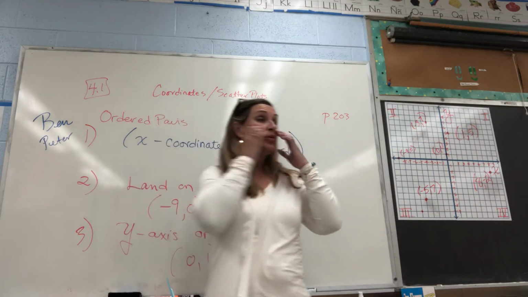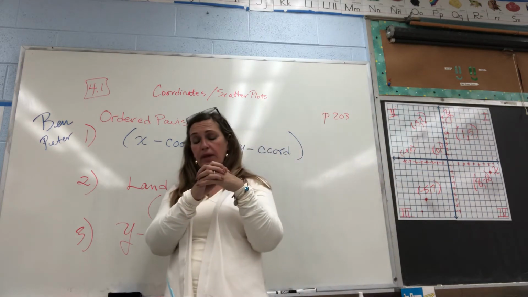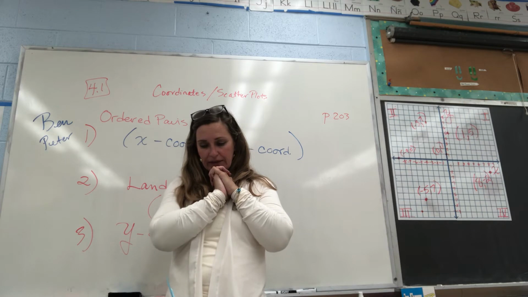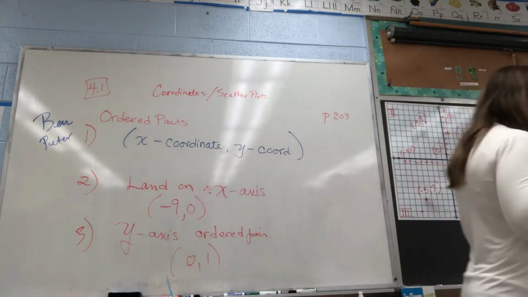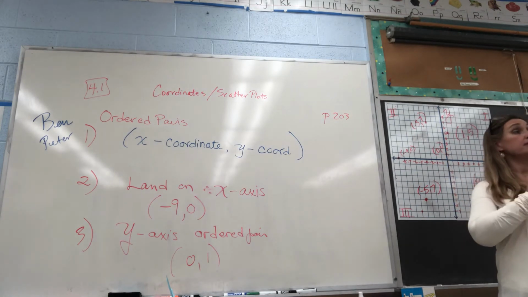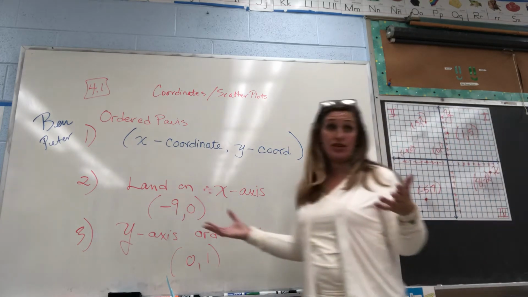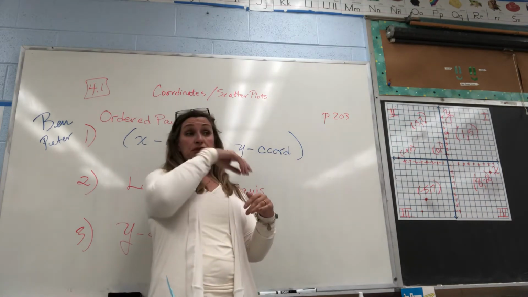Now, do you remember when we first talked about graphs, we talked about how information can be deceptive or more accurate depending on the way that it's given to you, right? So in this graph, you're not going to see all the stuff up to 200.